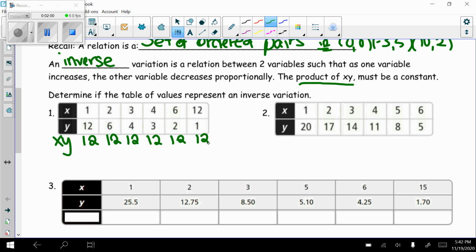Did I get the exact same constant every single time? Yes. So yes, this is an inverse variation, because x times y is constant.